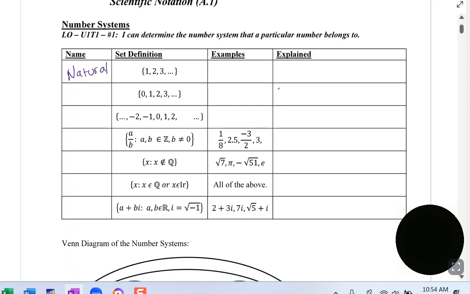And natural numbers are basically positive whole numbers. Then we have whole numbers, which are basically all the natural numbers, including 0.